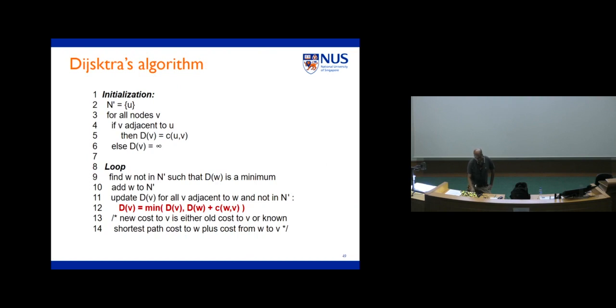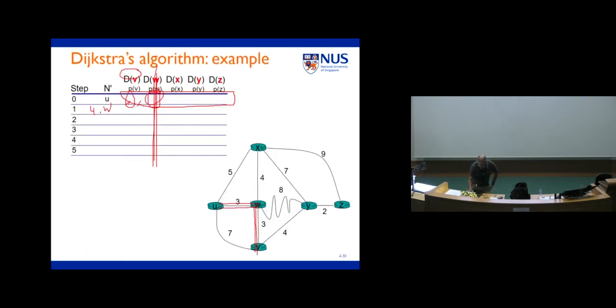So this one was 7, and this is 6. So now I pick the minimum, so of course going through W is better, right? So this one becomes 6, and then we should go through W here.